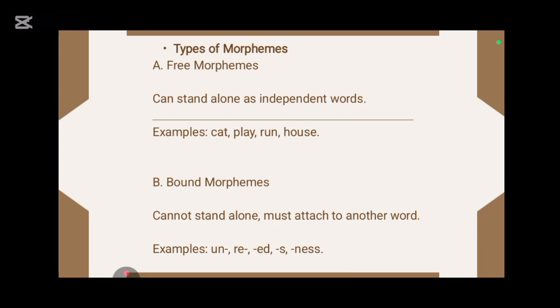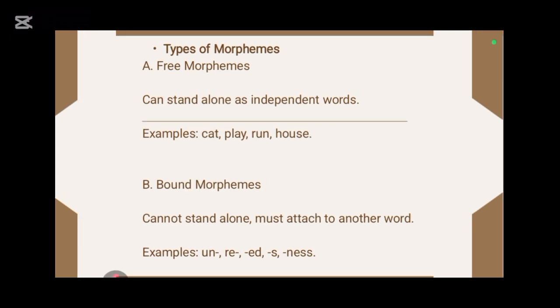Whereas bound morphemes cannot stand alone and need another word to attach to them. Examples: un, re, ed, s, and ness. These are the grammatical markers which need other morphemes to form another word.